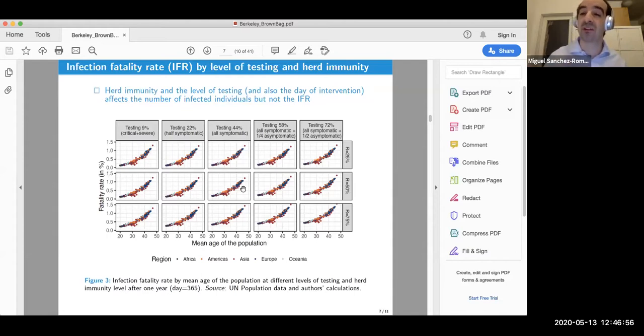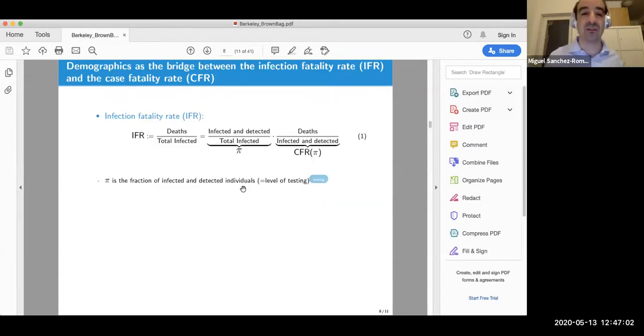And this is a property that we are going to use later for calculating, which is the other novelty of the paper, to be able to estimate the probable number of infected individuals. So we are going to use this estimated infection fatality rate.